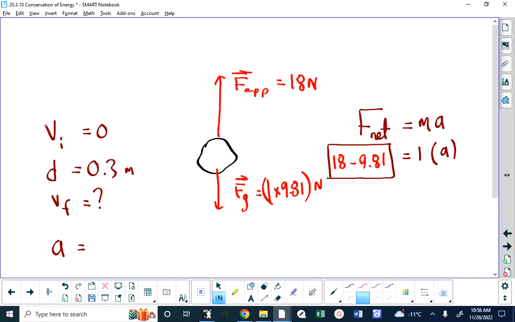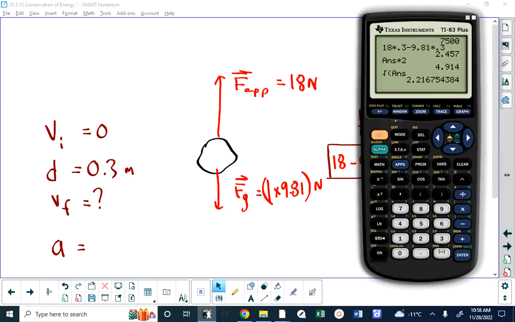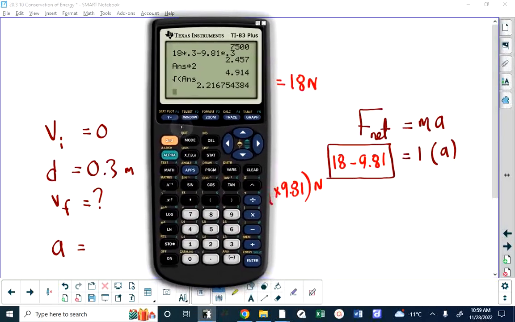Let's try it this way. And, you know, I happen to think this method is more complicated and it's more thought, I think. I think if people tried this method, they'd be likely to put 18 newtons in here instead of 18 minus 9.81. So 18 minus 9.81, this is the net force divided by 1 kilogram, which means that's the acceleration.